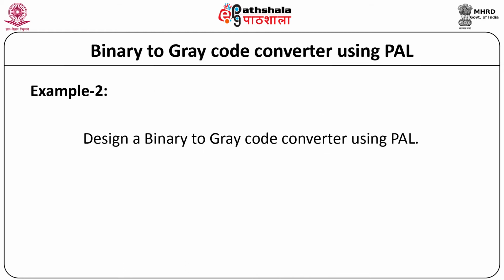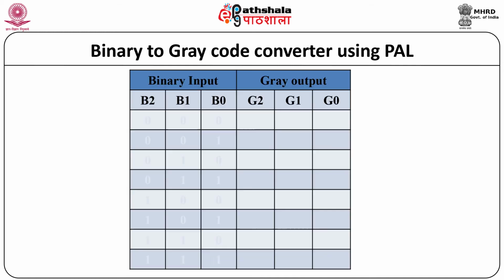Let us consider second example. Design a binary to gray code converter using PAL. First step is to prepare a function table of binary to gray code converter. Let us determine B2, B1, B0 as the binary inputs, G2, G1, G0 as gray code outputs for the 3-bit code converter.